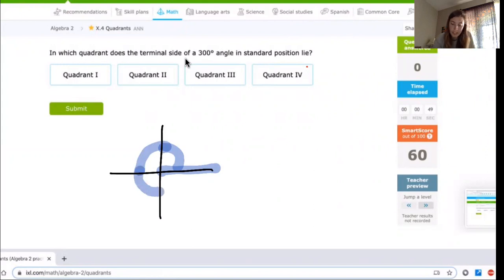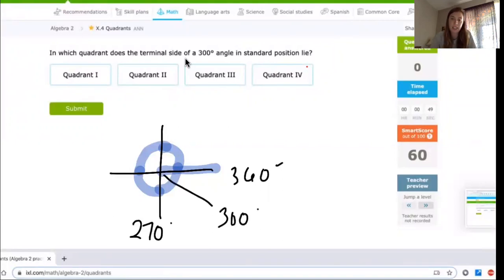Here's a 270-degree angle. And if I went all the way back around, that would be 360. I need to stop at 300, so 300 degrees is going to be between 270 and 360. So which quadrant is that? That is quadrant 4.